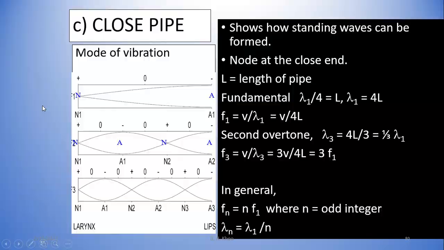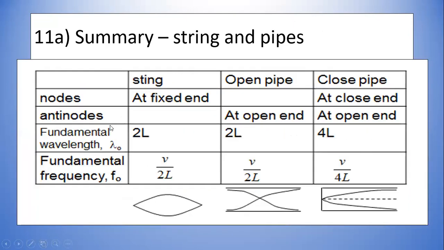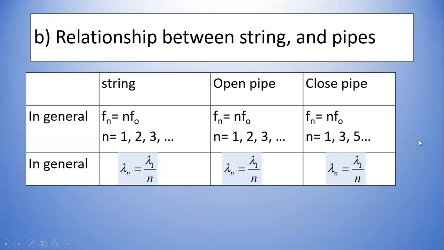N is odd. These are just summarizing what we have just learned. If you compare string with open pipe, they are the same formula. Closed pipe is slightly different, V over 4L. The fundamental frequency is smaller. We can compare closed and open pipe.